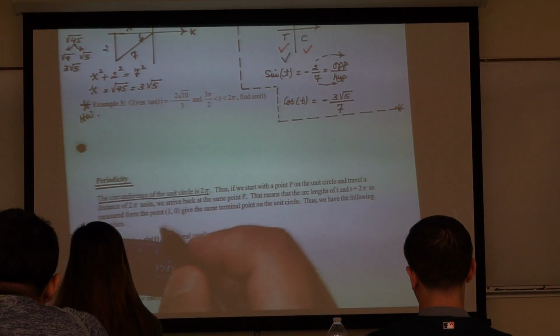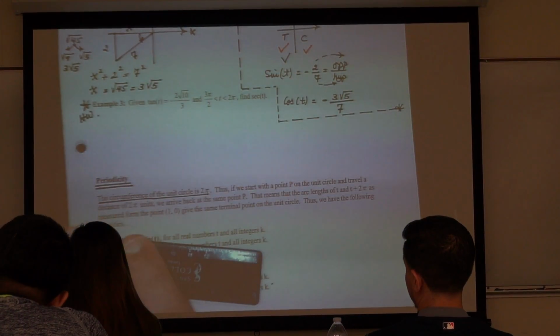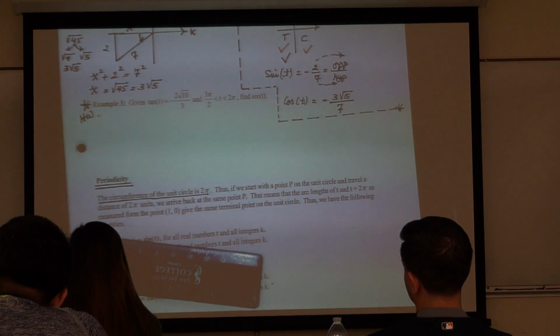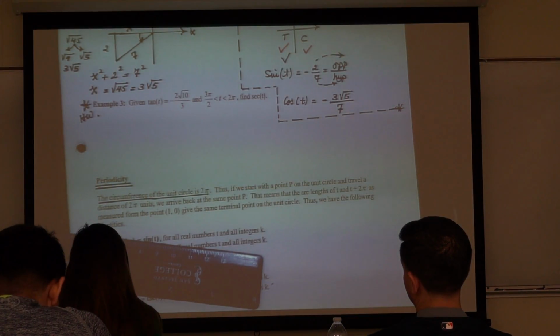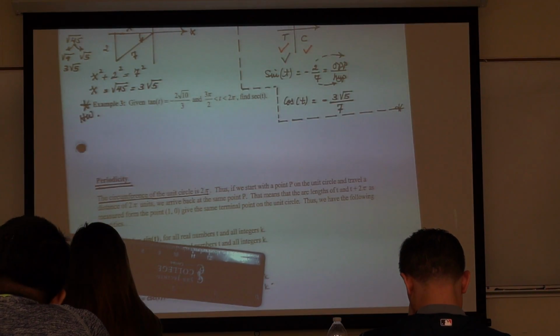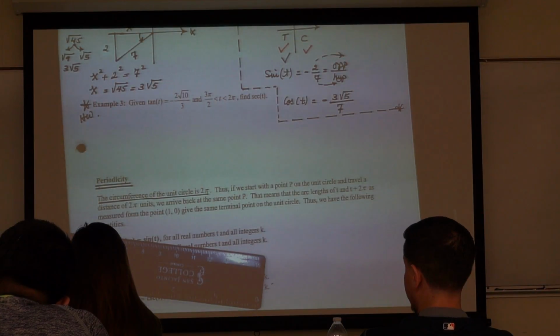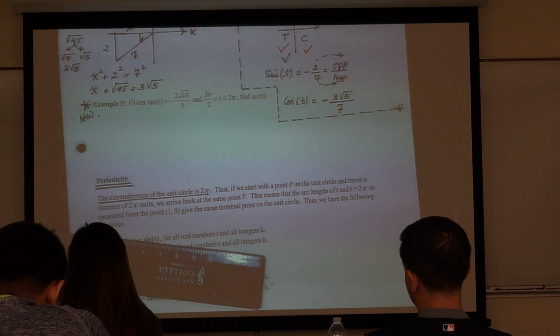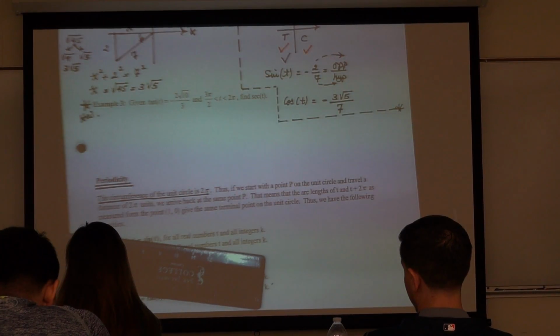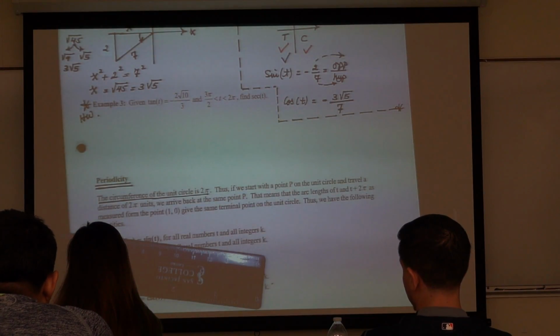Whether you go in the positive or negative direction, you go back to the same point. Which means if I want to graph sine x, cosine, tangent, or cotangent, there is really no need to graph any of them beyond one period of 2 pi, because that same graph is going to repeat itself over and over. What's the graph? It's a collection of points, right? Well, if every point repeats itself, doesn't that mean the graph repeats itself?